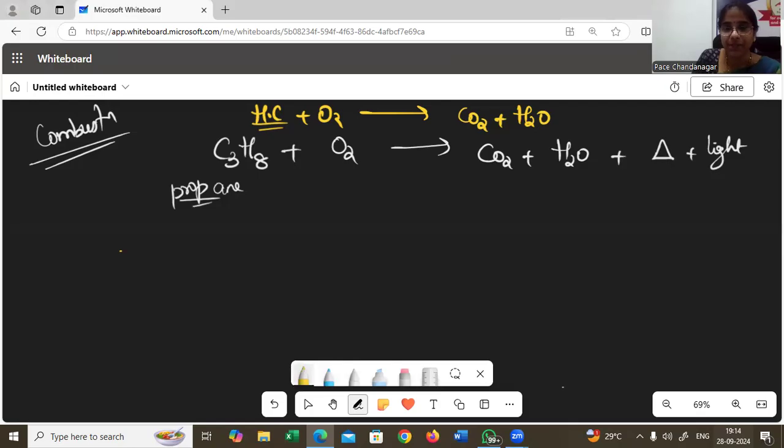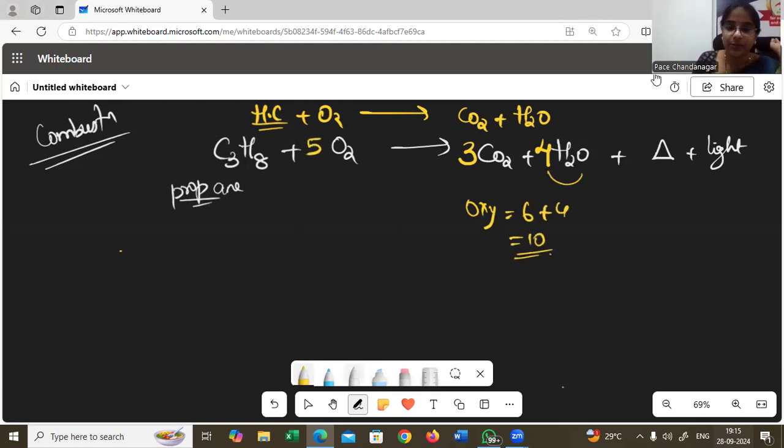Other than oxygen, balance carbon and hydrogen first. You have three carbons, so put a 3 in front of CO2. Carbon is balanced. Hydrogens, you have 8, put a 4 in front of H2O, 4 twos are 8. How many oxygens do we have? 3 twos are 6, plus 4, which is 10 oxygens. So I put a 5.